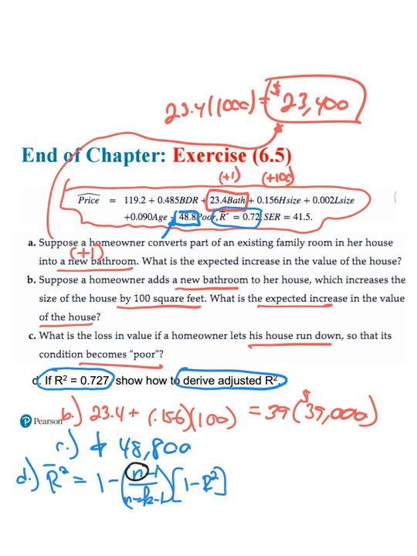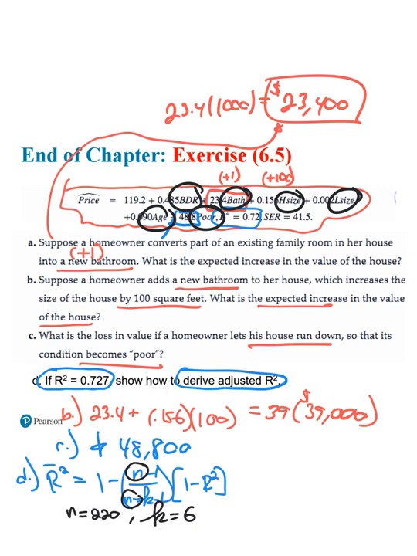Well, n is the number of homes that we observed. n is equal to 220. What is k? k is the number of regressors included within our estimated regression. We have 1, 2, 3, 4, 5, 6. So k is equal to 6.